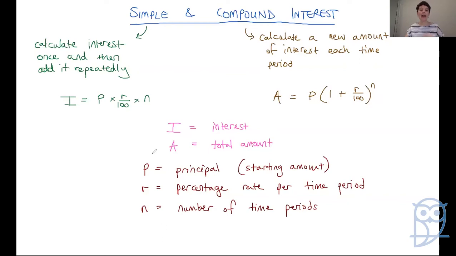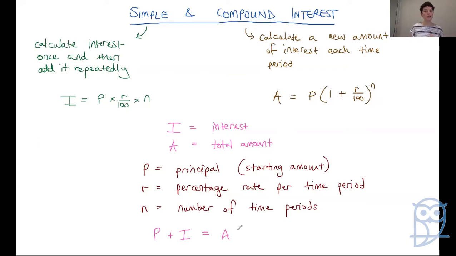So I, A, and P, how are these all related? That is what's important to keep in mind whenever you're doing calculations for simple and compound interest. A is our total amount. So if we put our principal in the bank, we then earn interest, P plus I equals A, the total amount we have at the end of that time period.